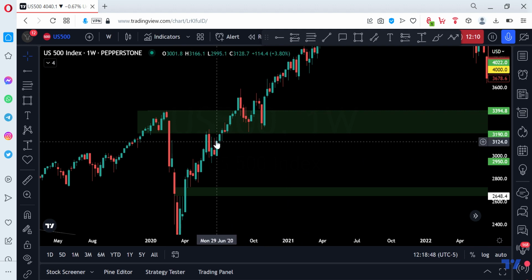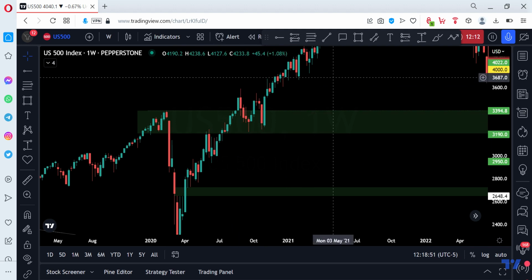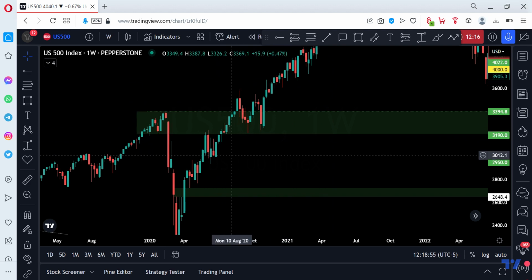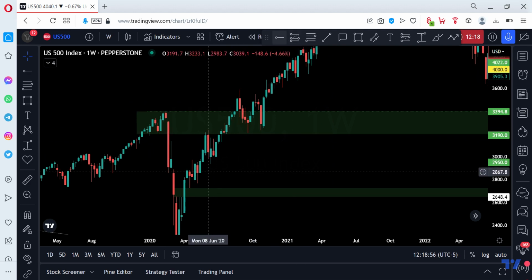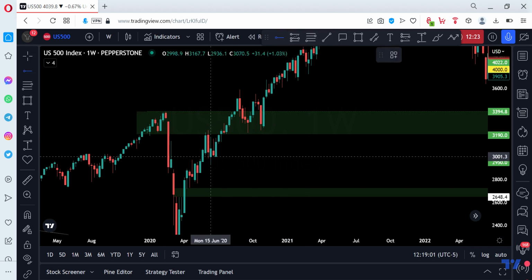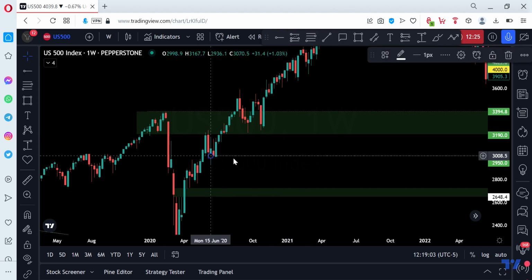There are more likely some trapped bears there. And if someone is still holding this, the price sometimes finds support there, which means they're going to get out at break even. So I have this also as a potential target for the bears.